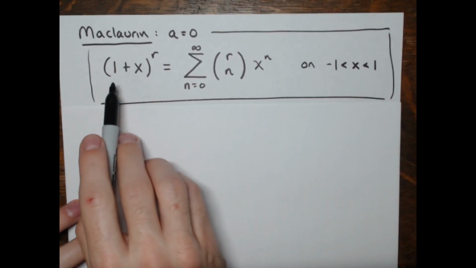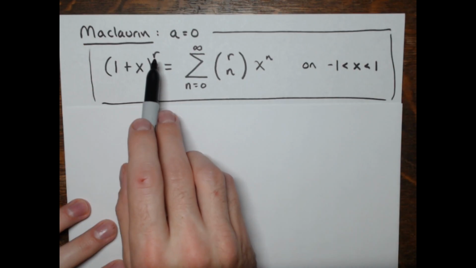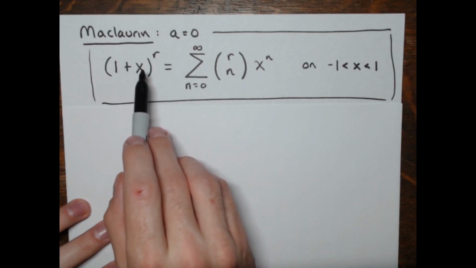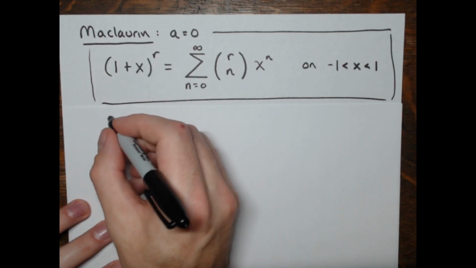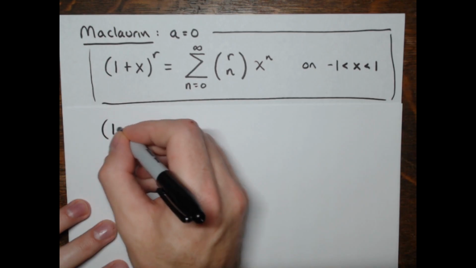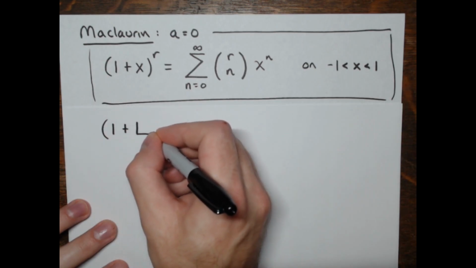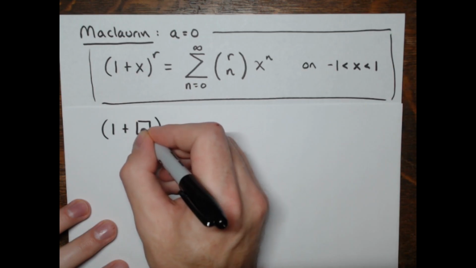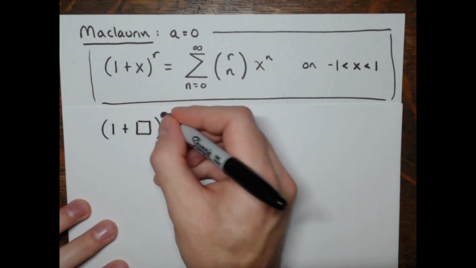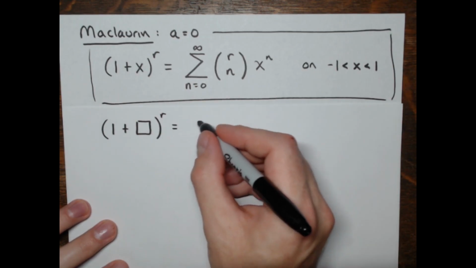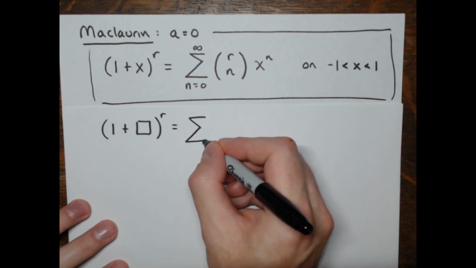So again, I had this up, 1 plus x to some power. I might as well do this too. Say 1 plus whatever, 1 plus something to a real number power can be expressed as a power series.